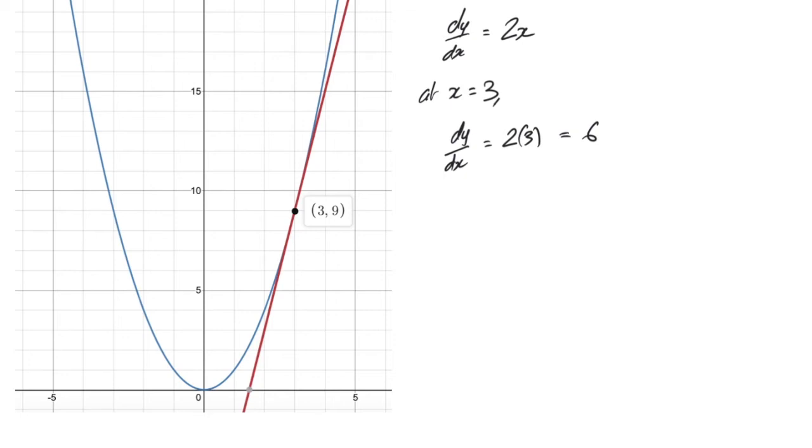So if I was going to work out what the tangent line was, then basically I'd be just substituting that 6 value into the equation of a tangent line. Obviously the equation of tangent lines are always y equals mx plus c, so the m part would be just 6. And then I could go further and work out what the c value is. Anyway, I don't need that at the moment.